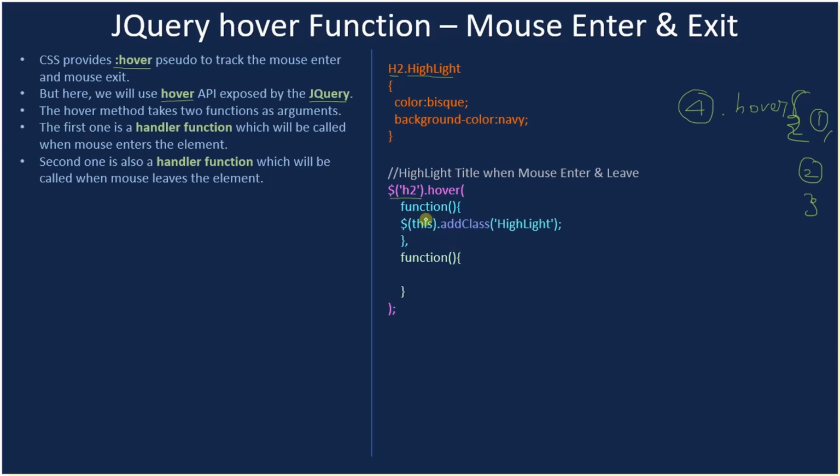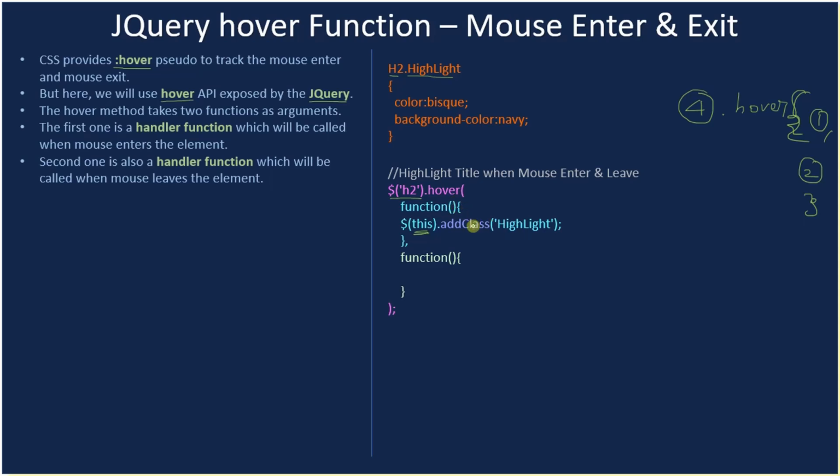Alright, now if you see, $(this).addClass('highlight'), so we are adding the highlight class. If you see here, we are using $(this). We already saw that, right? Because here the hover, it is taking the mouse enter, and there are 4 H2 elements, so this becomes a common handler, and to know the event target, we are making use of $(this), and we are adding the class highlight.